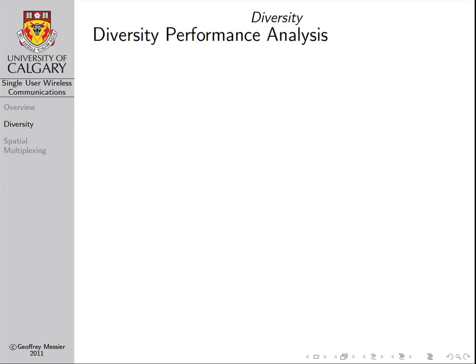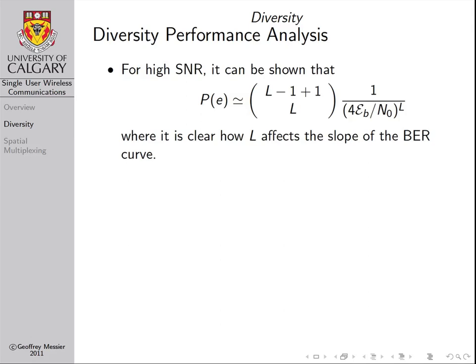And just a last point in the diversity analysis section. This is an often used approximation for the bit error rate of a diversity system at high values of signal to noise ratio, where that bit error rate curve basically turns linear. And when we make this approximation, we can now clearly see how diversity order affects the slope of the bit error rate curve.